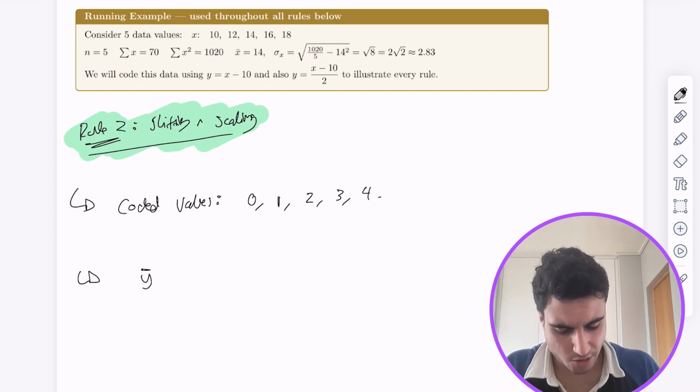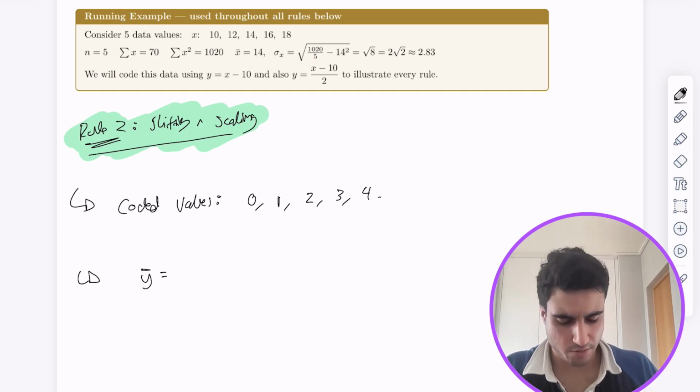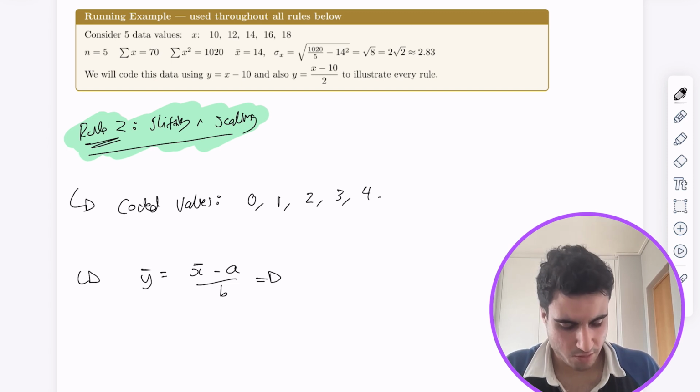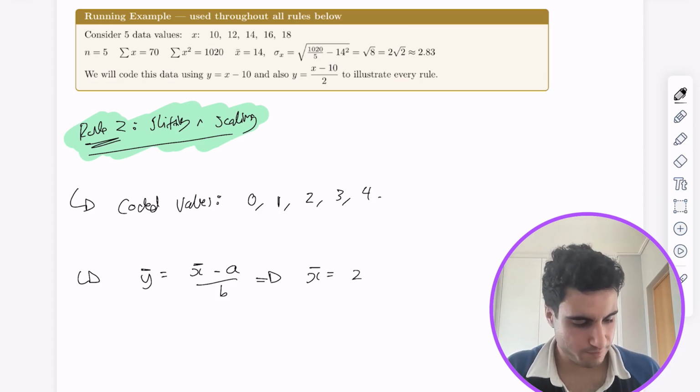Well, we can say that the coded mean is equal to the original mean minus A over B, which means our original mean is going to equal 2 times our coded mean plus A.